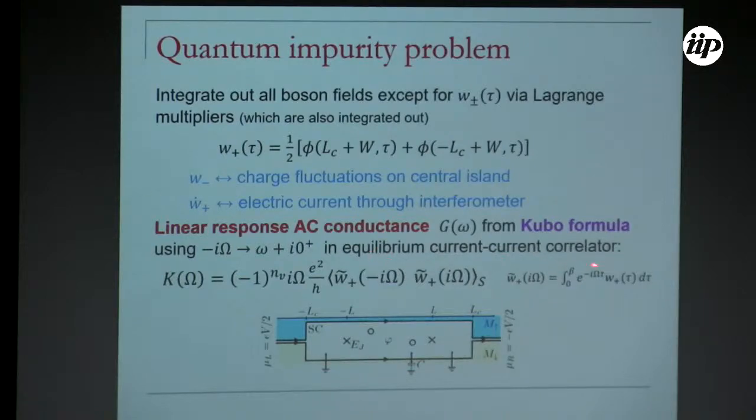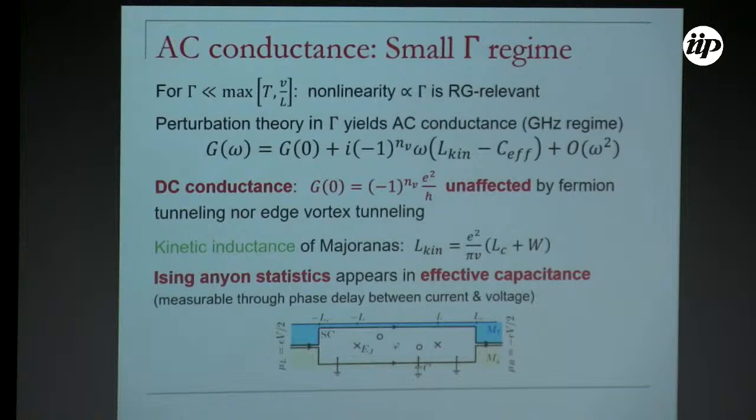So this is the equilibrium current correlator, and it involves this W plus field. So the Fourier component of it is given by this tilde W plus with our action. That's the task one has to compute. And here I will focus on the limit of small gamma.